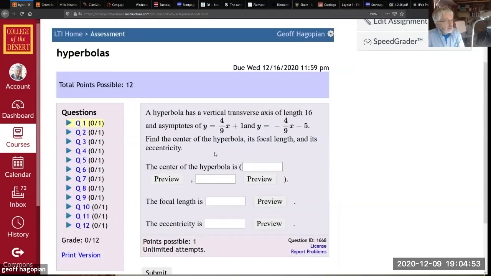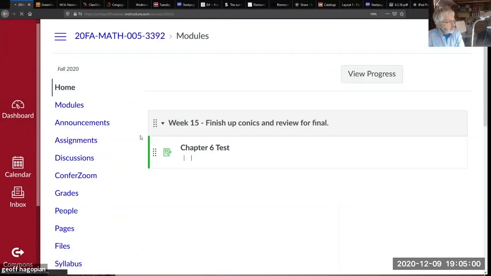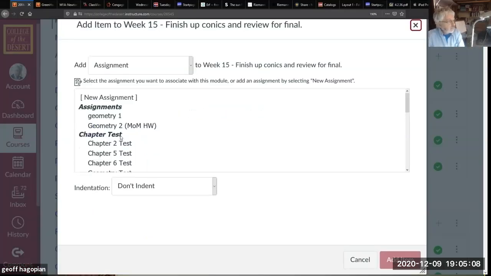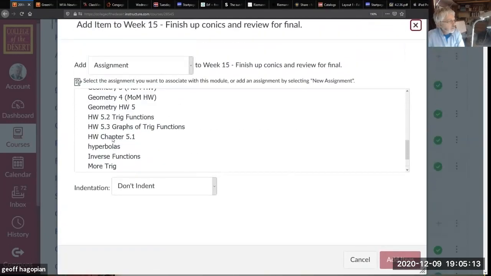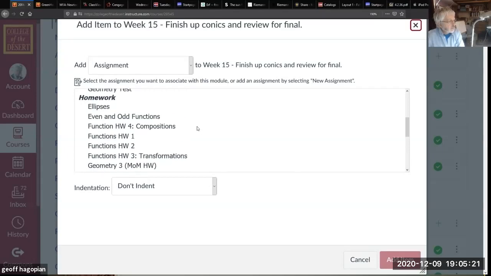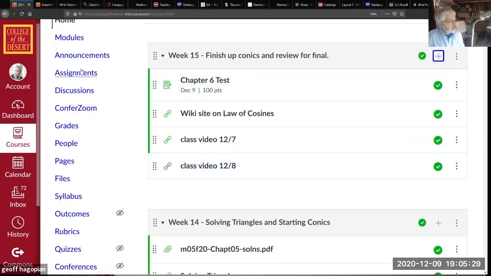I think what I want to do here is go to Trig and add a homework, which is hyperbolas. Uh-oh, I don't see it there. I see ellipses. Maybe I didn't publish that. Okay, so let's close that and go back to assignments.